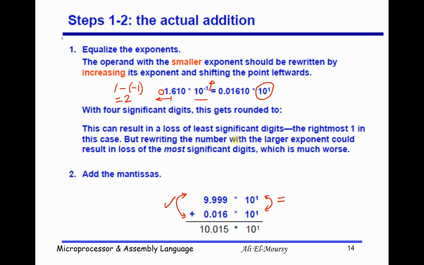First of all, this process of alignment caused me to lose some precision of the small number. Remember that I have only 4 slots for the number, including the digit to the left of the decimal point.